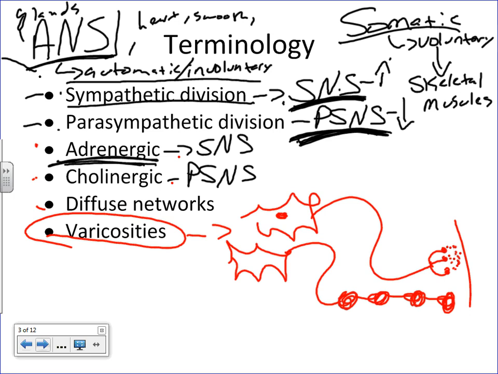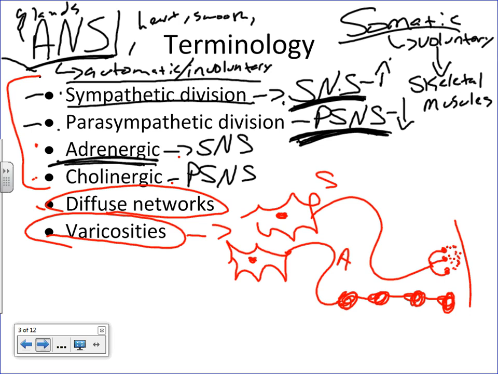Within these varicosities, neurotransmitters are stored. But again, you can see the anatomic differences between the somatic and the autonomic neurons here. So that's all the varicosities are. They can form these diffuse networks within the tissues. So keep this terminology in mind, because these are terms you're going to be seeing as we go, primarily these first few.